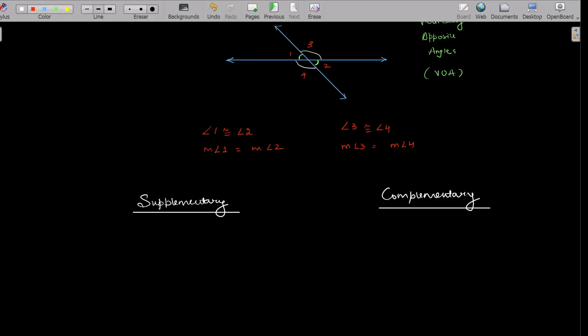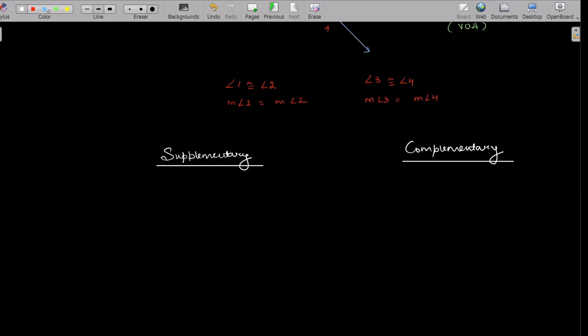You could be straight away given the information that two angles are complementary. Whenever you have this information, that would mean that they will add up to 90 degrees. So complementary means they add to 90 degrees, and supplementary angles add to 180.